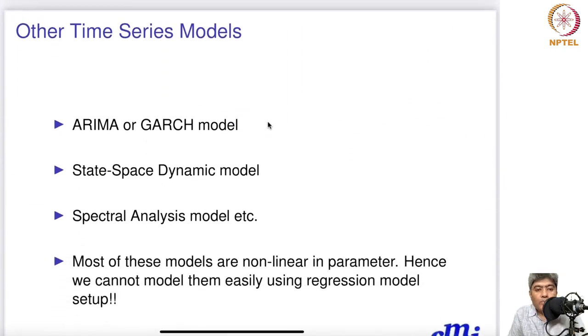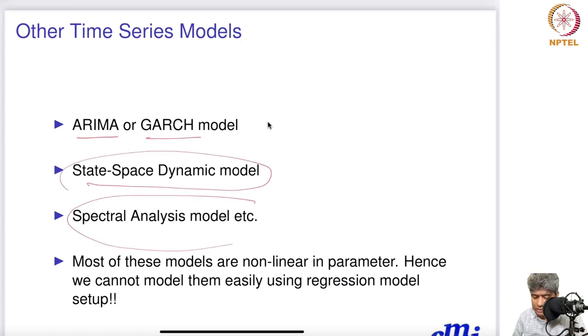Other time series models such as ARIMA, GARCH, state space dynamic models, and spectral analysis models are mostly non-linear in parameter. The simple trend and seasonality model for long-term forecasting, and the autoregressive model for short-term forecasting, are regular regression models, which are linear in parameter.